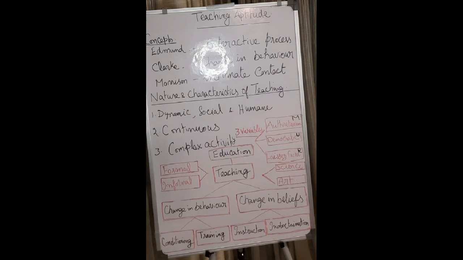But in the case of teaching, there is freedom. That is why we say all these modes of teaching, conditioning, training, instruction, indoctrination, come under the authoritarian way of teaching. So teaching can be classified into authoritarian, democratic, and laissez-faire. We'll see what it is about.